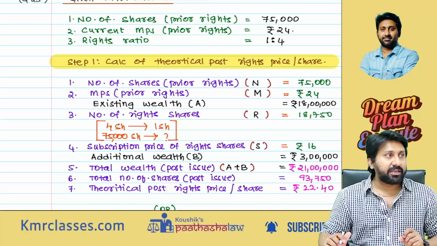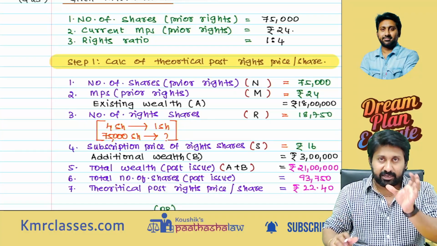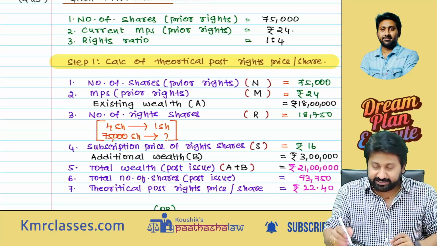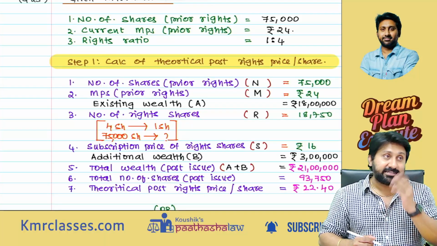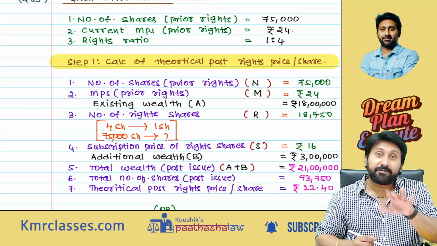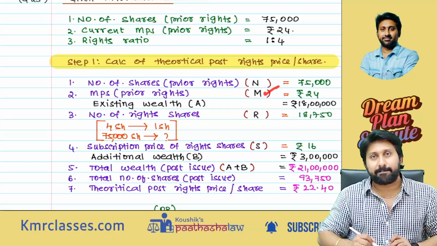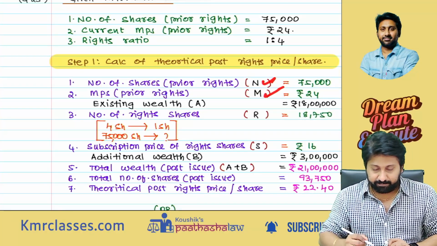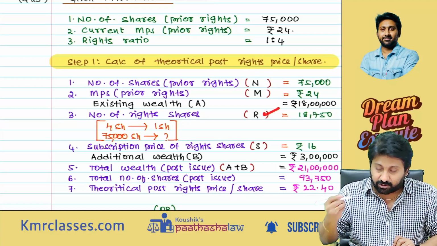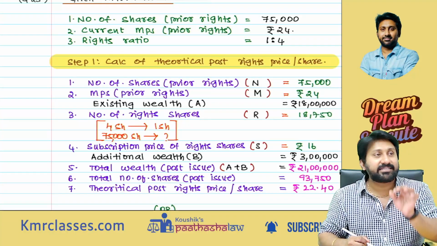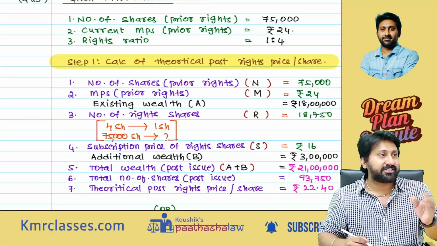The number of shares before rights is called N. Market price prior to rights, meaning the market price before the rights issue, we call it M. The number of right shares you are giving, in a ratio they will give, is called R, also called the rights ratio or number of rights shares.